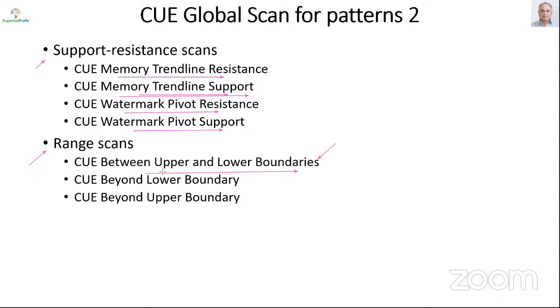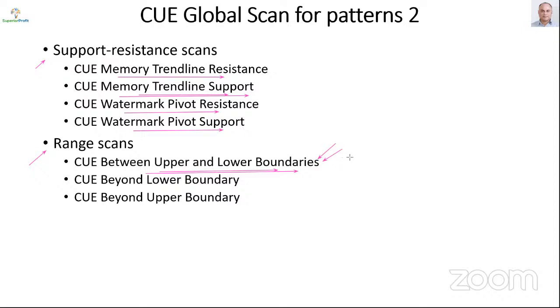In practice, you may simply run go with flow setup and then use the charts to see if they are beyond the boundary lines. Usually that is the way I use. But for example, if you are only using go with flow trend following trades, you are not taking any other kind of trades. In that case, you may combine this scan with go with flow scans.